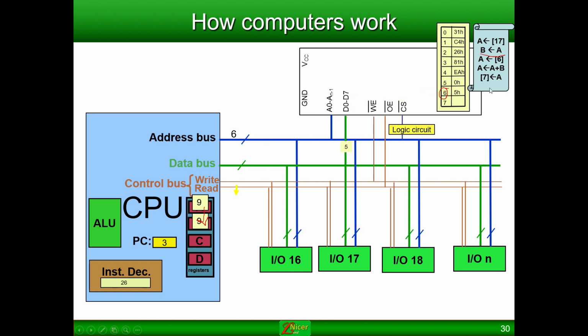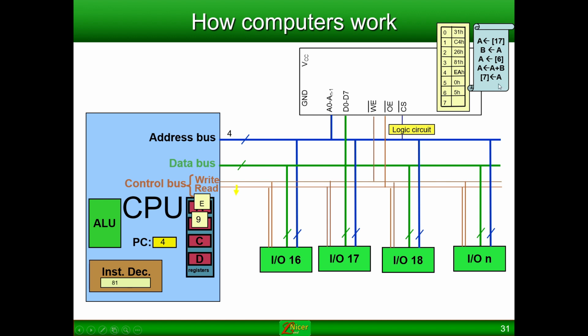And then the next instruction given to the computer is to add A plus B and store it in A. So if we add A plus B, we have 5 plus 9, and that accumulates to 14, and then it is stored at A. So now A has a value of 14, and if we turn it into hexadecimal, then 14 is equal to E. So now A will have a value of E. Here you can see that A has a value of E and B has a value of 9.